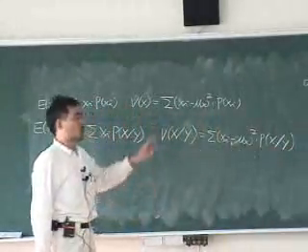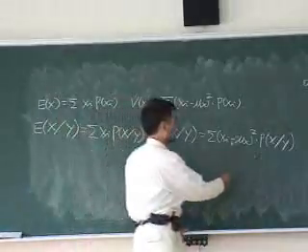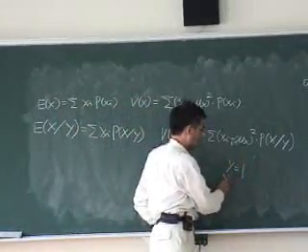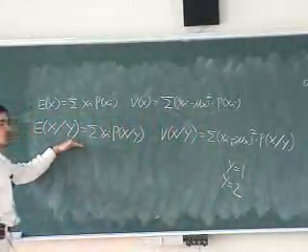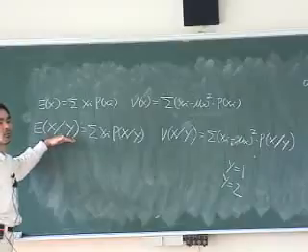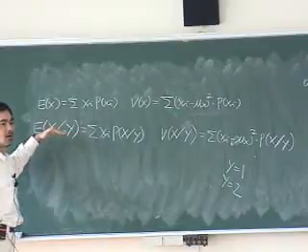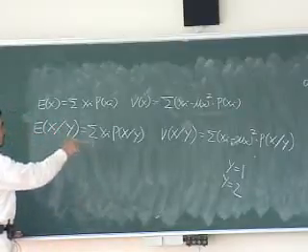For the case we just mentioned, we have two cases, right? The first one is y equals 1 and then y equals 2. So in this case, we can have two different conditional means and conditional variances.